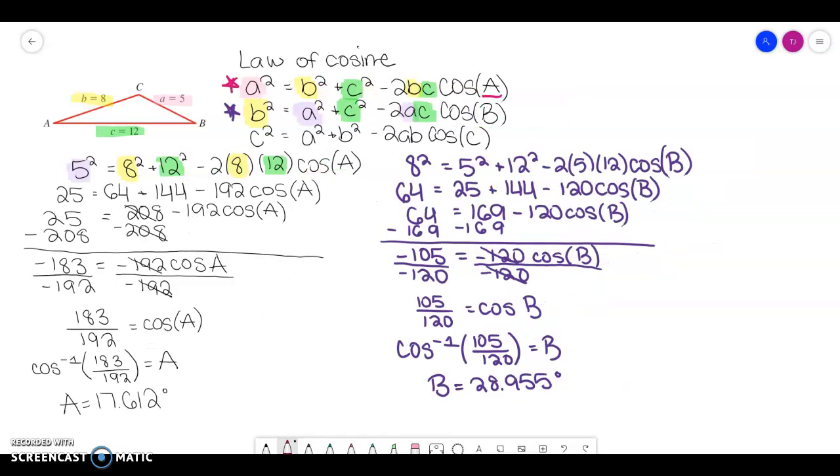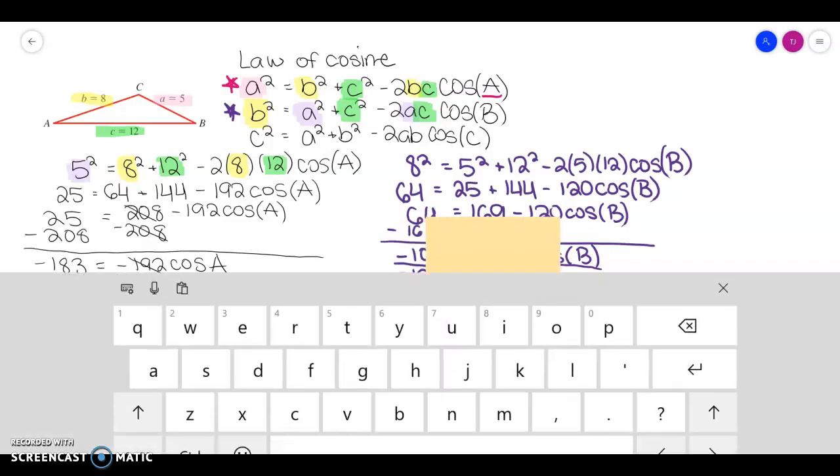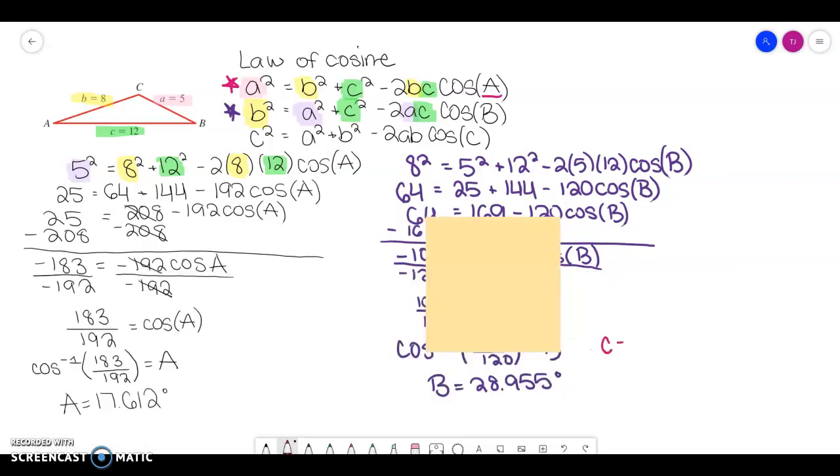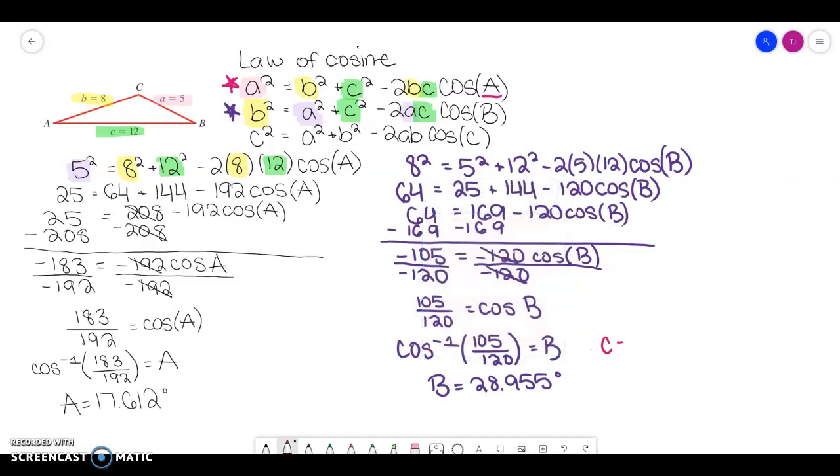All right, and I'm going to let us take the easy way out to find our last angle. We have 2 angles of the triangle, so we can find angle C by simply adding up A and B and subtracting from 180. So I'm going to say C equals 180 minus 17.612 plus 28.955.